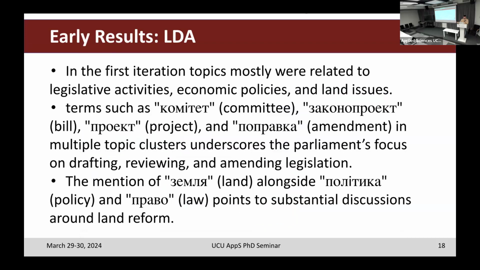As I mentioned, terms such as committee, bill, project, and amendment appearing in multiple topics underscore the Parliament's focus on drafting, reviewing, and amending legislation. Also, land with policy and law points to substantial discussion around land reform.